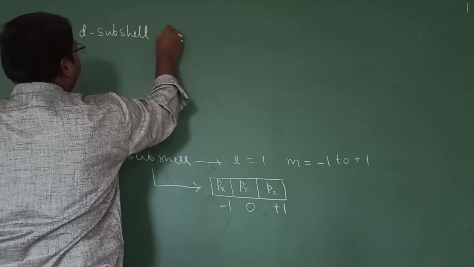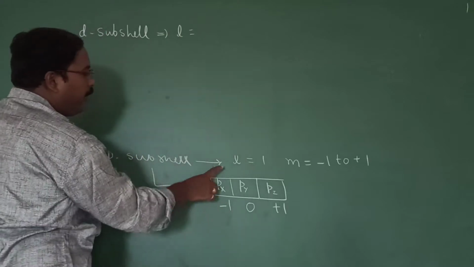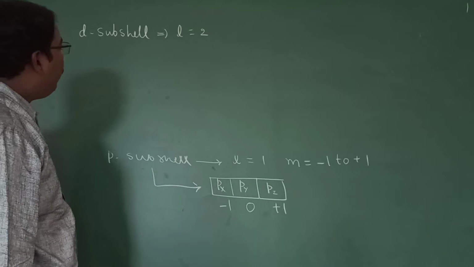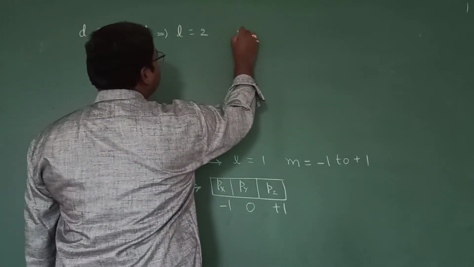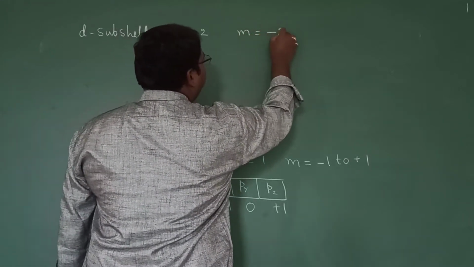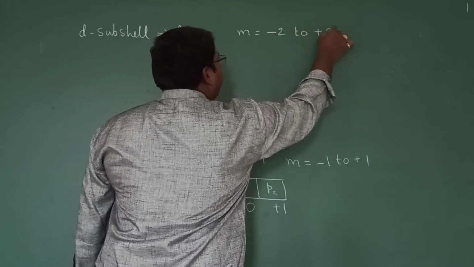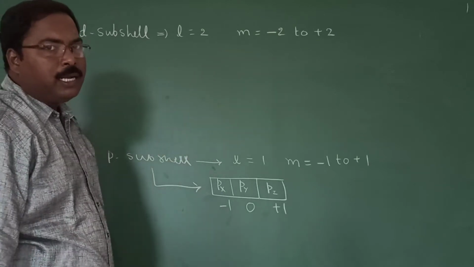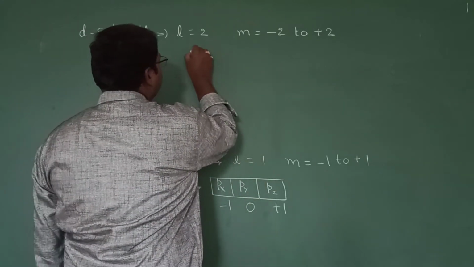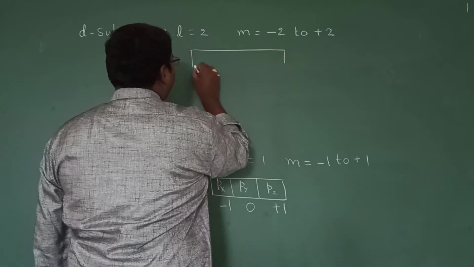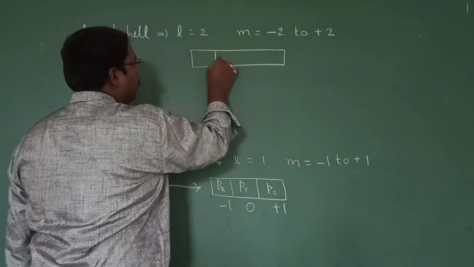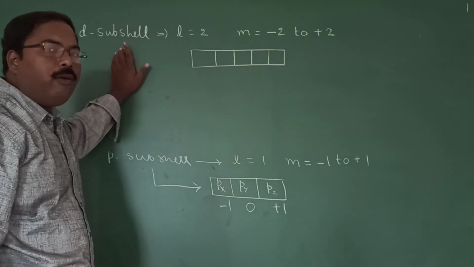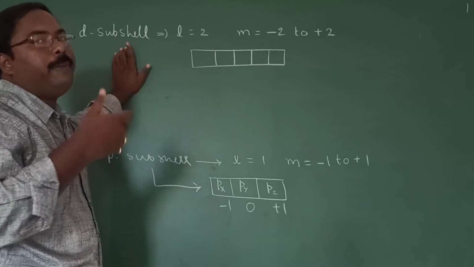What is the L value for the D subshell? For P it is 1, for D it is 2. When the L value is 2, what about the m values? The m values will be from minus 2 to plus 2. What numbers will come between minus 2 and plus 2? We will get 5 numbers. So a D subshell will have 5 D orbitals.